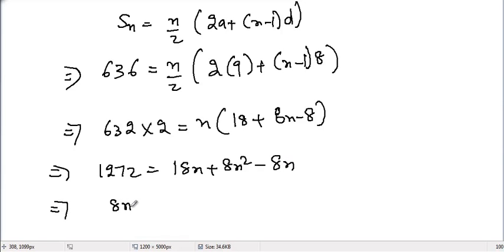Now I get here 8n square, and 18n minus 8n is 10n, and I can bring this 1272 to the right hand side. I get minus 1272 equal to 0.